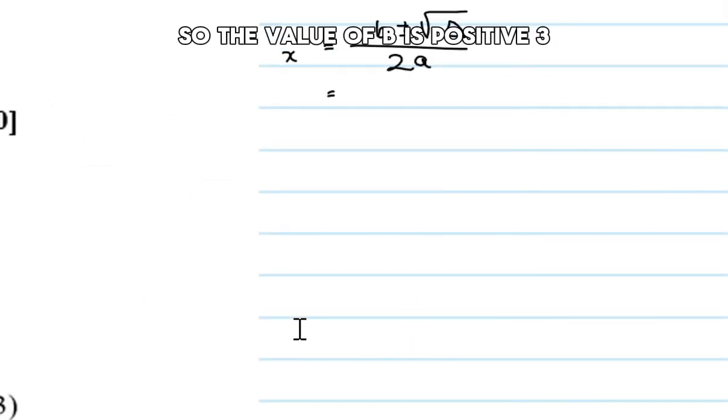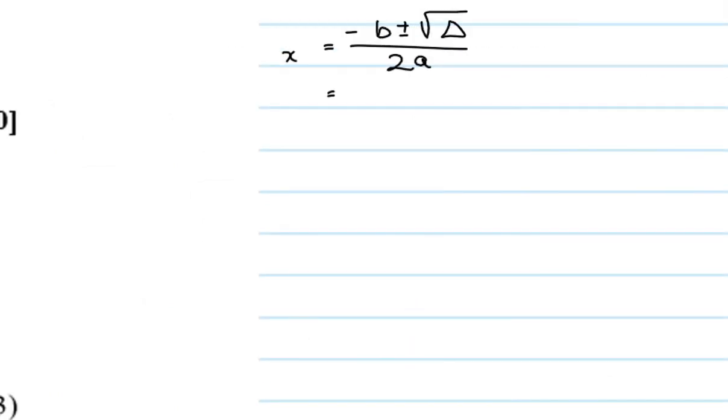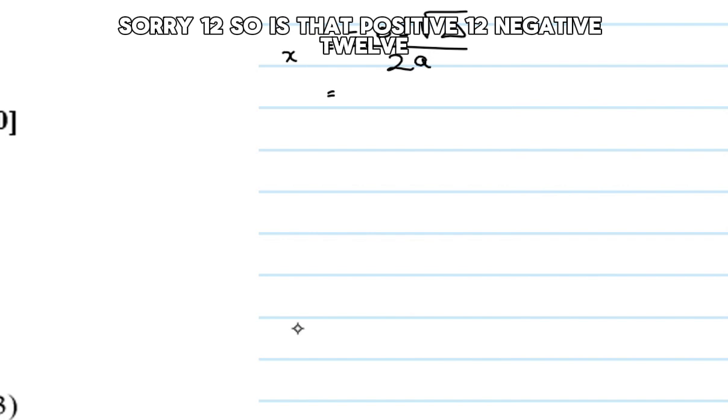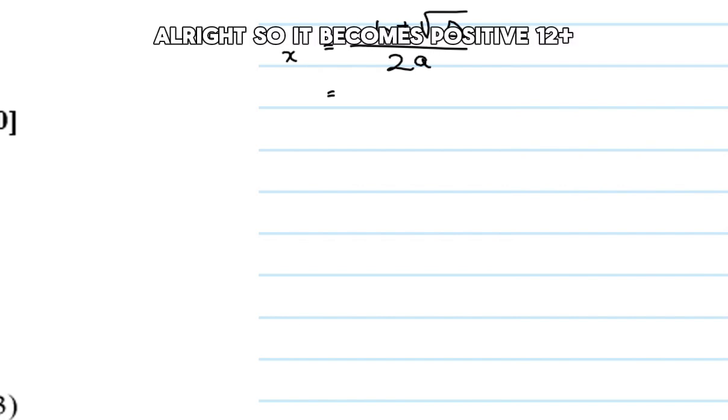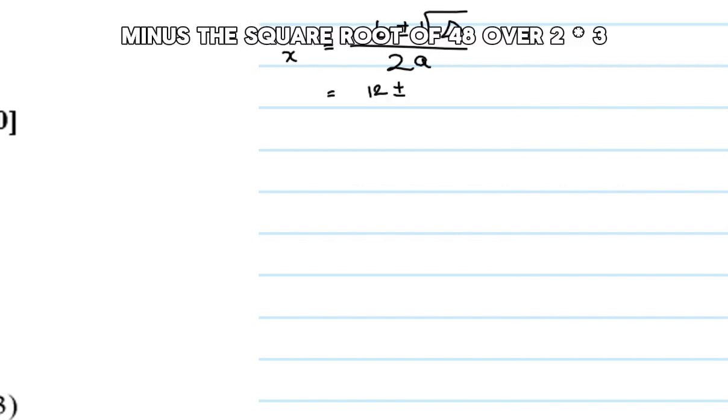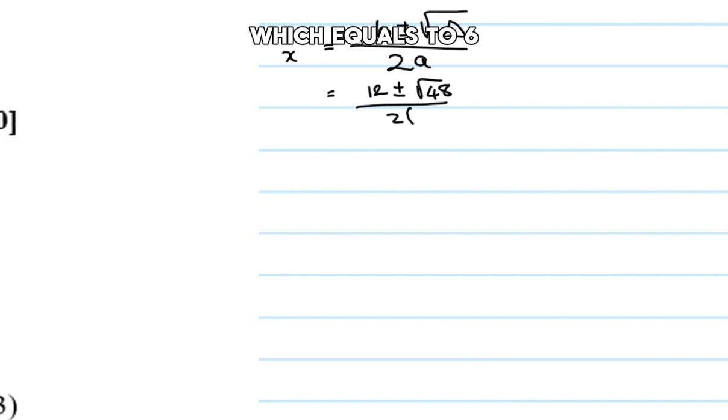So the value of b is negative 12. So it becomes positive 12 plus minus the square root of 48 over 2 times 3, which equals 6.